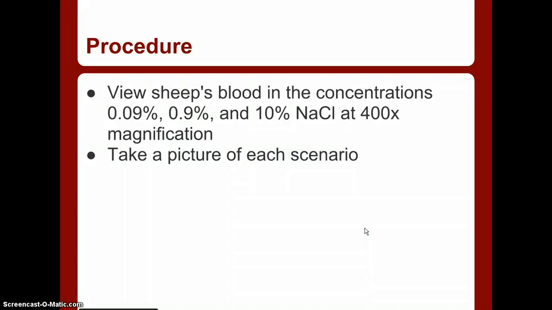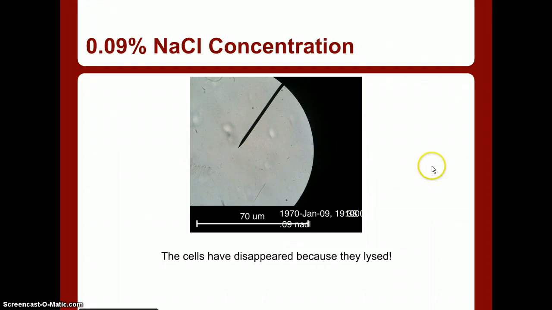So the procedure for this lab was very simple. We viewed sheep's blood in the 3 concentrations at 400 times magnification and took a picture of each different scenario. So the results. Here's the blood at a 0.09% salt concentration. There are no red blood cells because they have lysed.